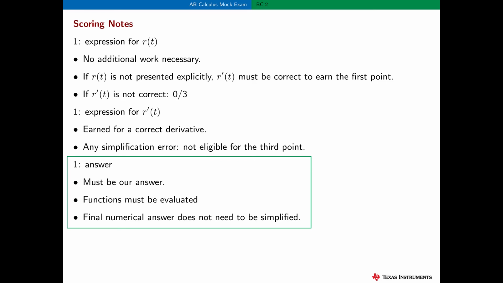And that sounds kind of funny, but it means that we're not reading with the student if they make an error above. And functions, as a reminder, must be evaluated. That means we need to see the values for x of 12, x prime of 12, y of 12, and y prime of 12. However, a final numerical answer does not need to be simplified.